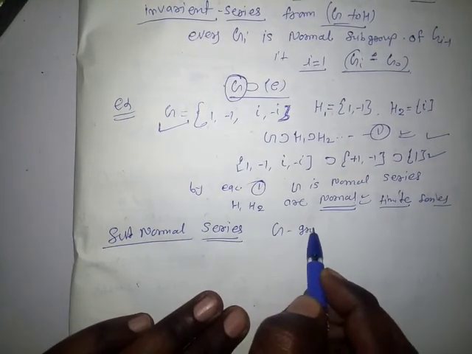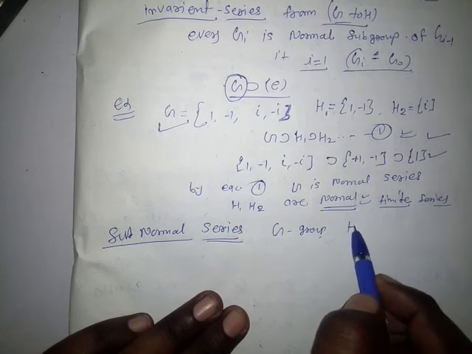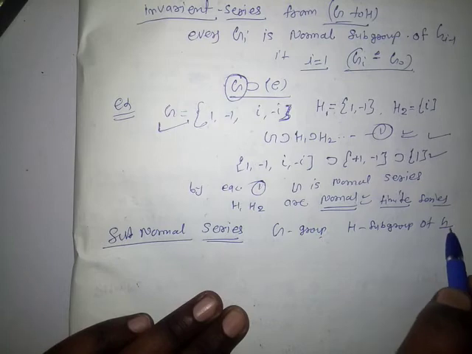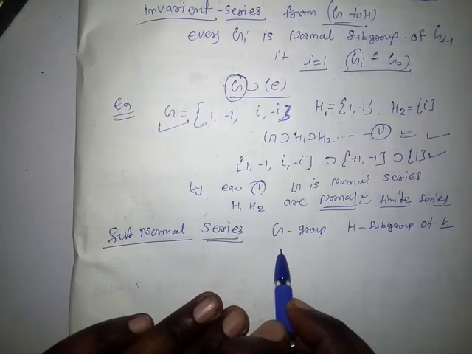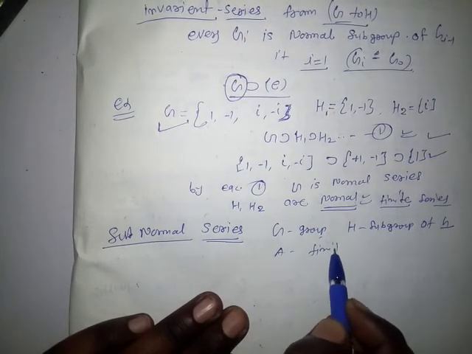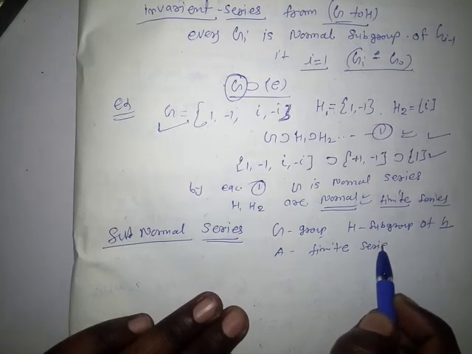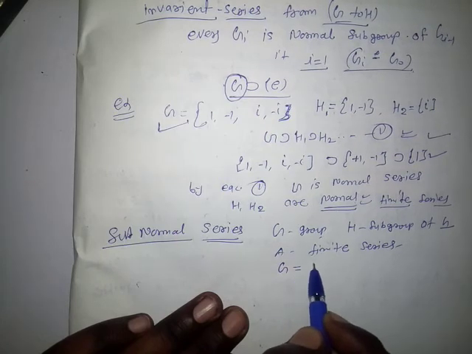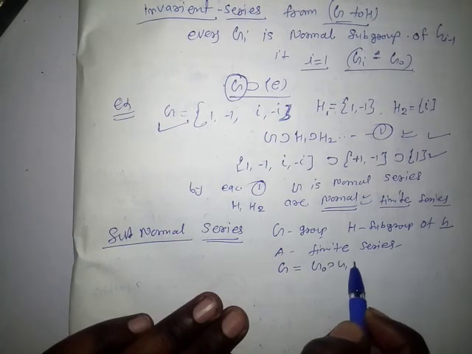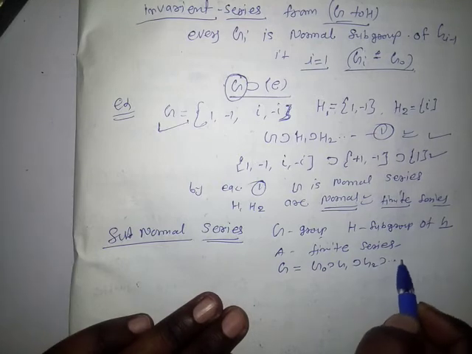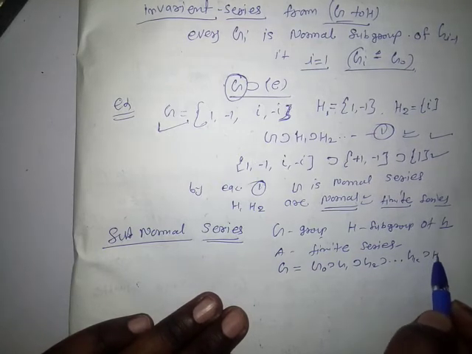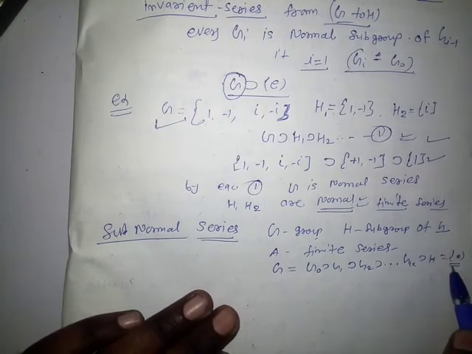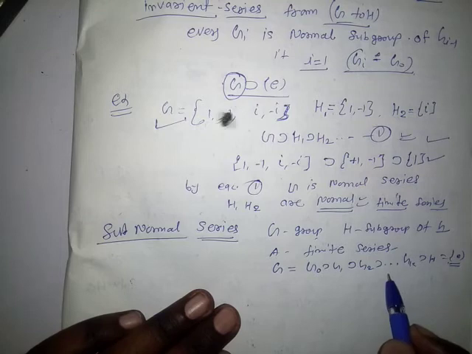Let G be a group, okay students, and H is a subgroup of G, and a finite series like G equals G0, G1, G2, and so on up to Gk equals H, where E is the identity, students, because the identity is included in every subgroup of a group.